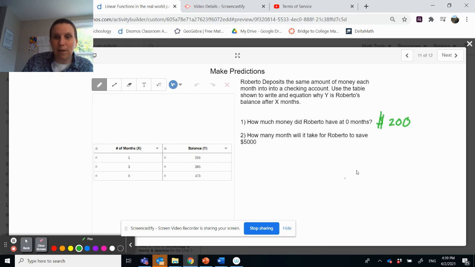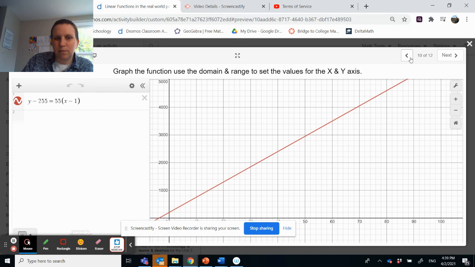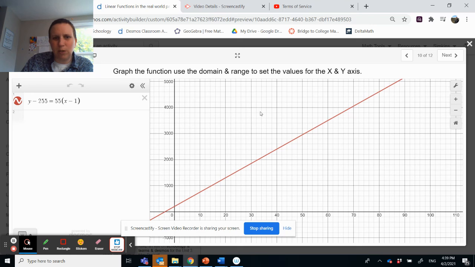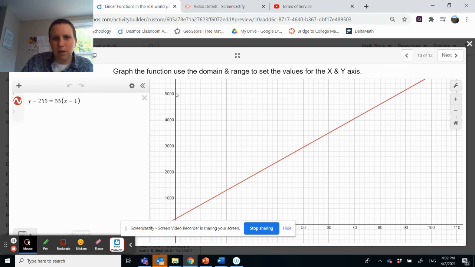And then how many months will it take for Roberto to save $5,000? Let's go back to the graph and also answer that one from the graph. Here's 5,000. I'm actually going to zoom out a little so I can see that number a bit better. I'll find 5,000, come over here, and I'm looking for what x equals when y is 5,000.